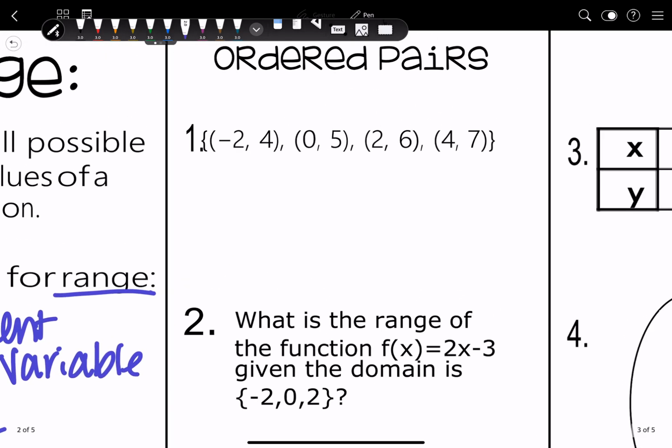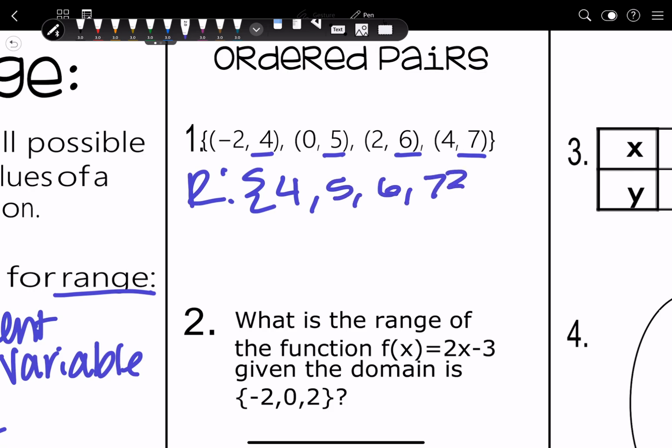When I see just ordered pairs, I underline right here my y values. Now remember, if any of these y values were to repeat, it would be fine. We wouldn't rewrite them twice, but it would not affect whether this relation is a function or not. That only happens when your x's repeat. And just like in real life, they shouldn't. So let's go ahead and write our range in: 4, 5, 6, 7, because it's already in least to greatest order.